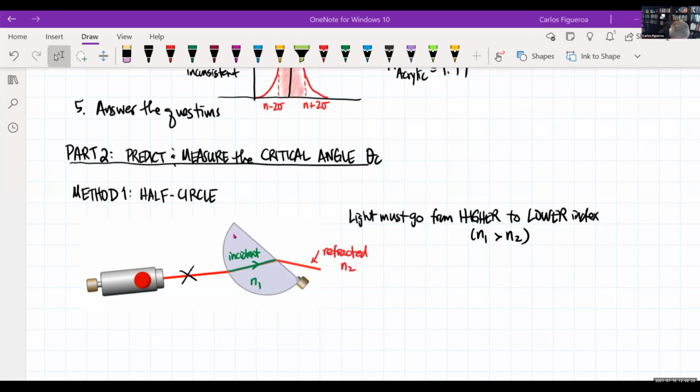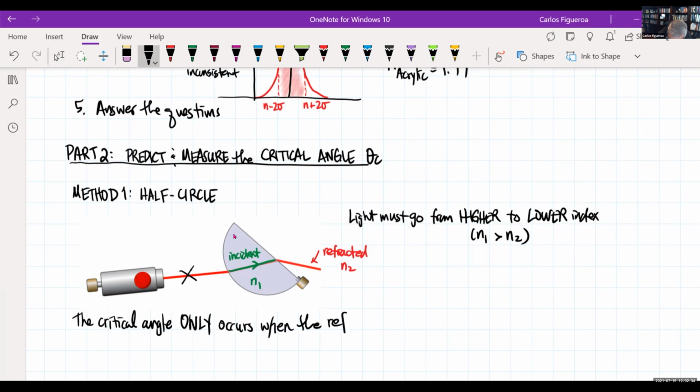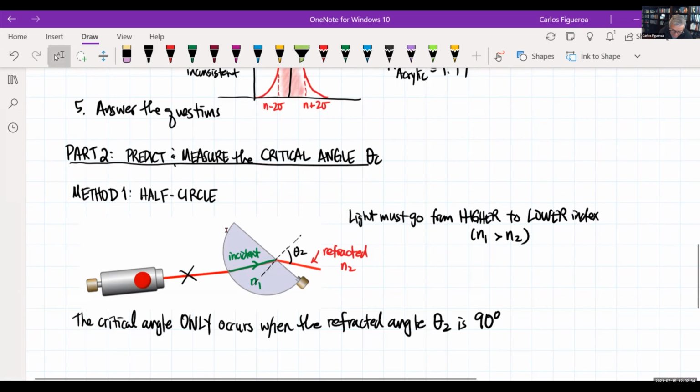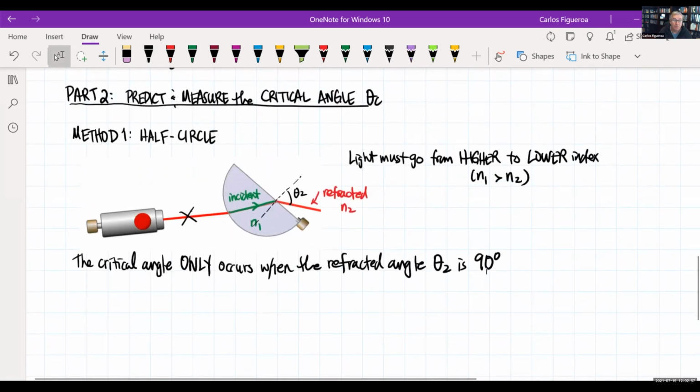So the critical angle only occurs when the refracted angle, and remember, this is the refracted angle right in here, when this angle theta 2 is 90 degrees. It's got to be parallel to the surface. Let's go get that picture here. So I'm going to go back and share my screen.